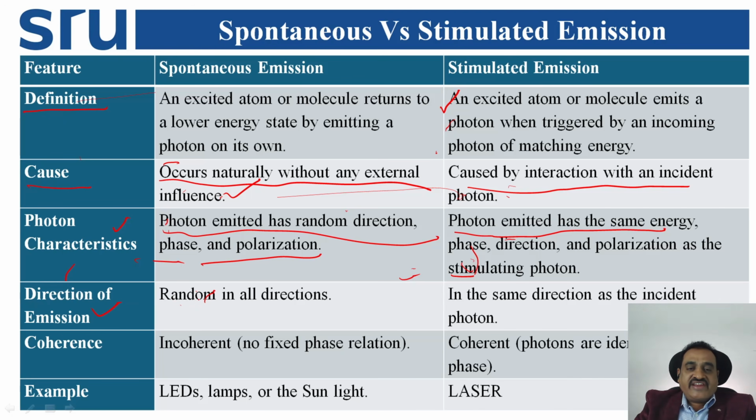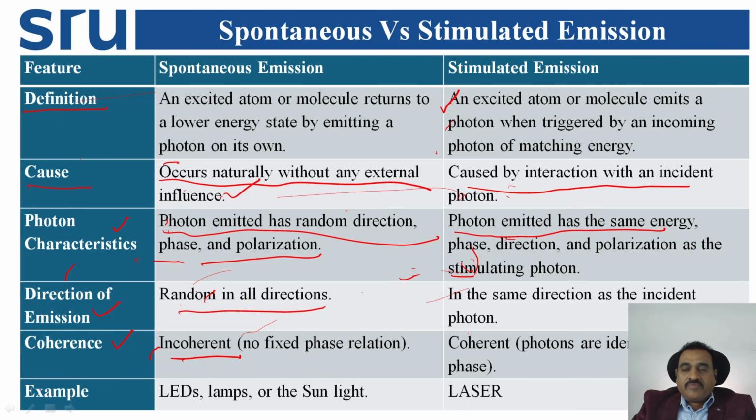So, direction of emission. Spontaneous emission of radiation is random in all directions. In stimulated emission, it is in the same direction as the incident photon. So what about coherence? Spontaneous emission of radiation is incoherent light, with no fixed phase relation.